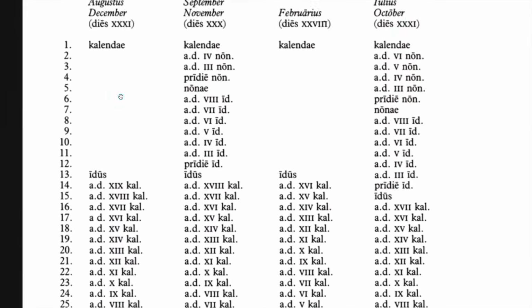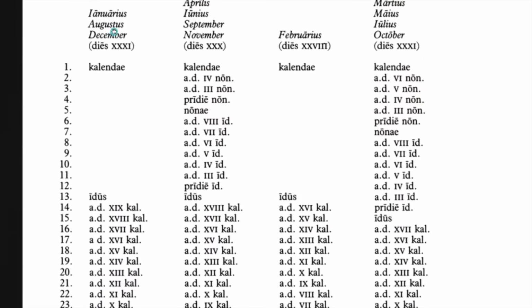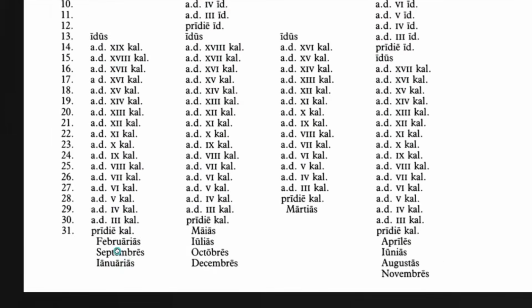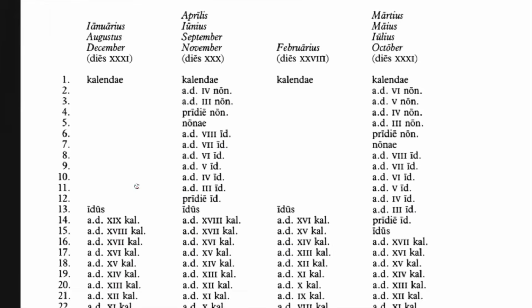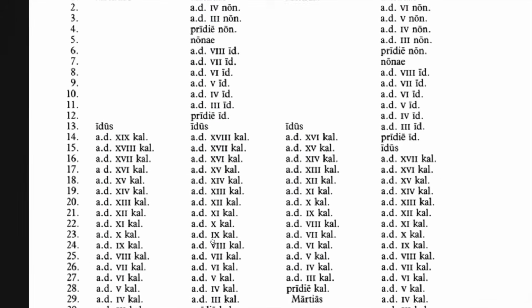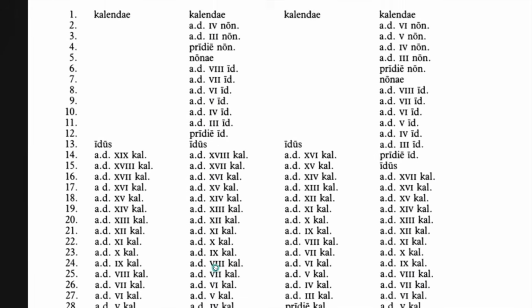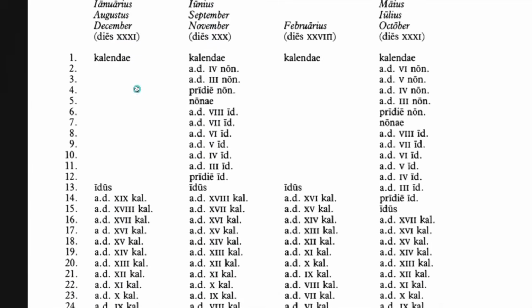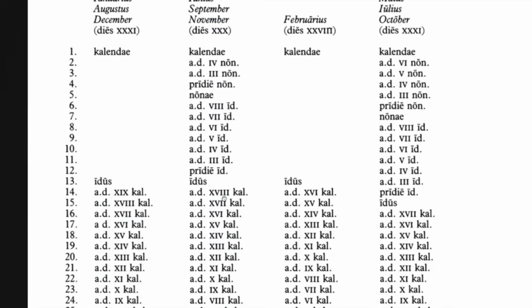The 14th of August, for example, is 19 days before the calendae of this month right here. But if you take the 14th of November, for example, that's going to be 18 days before the calendae of this month right here. Why? Because these months right here have 1 day less in their months, 30 and not 31. So diminishing the number changes the number of days before the calendae.